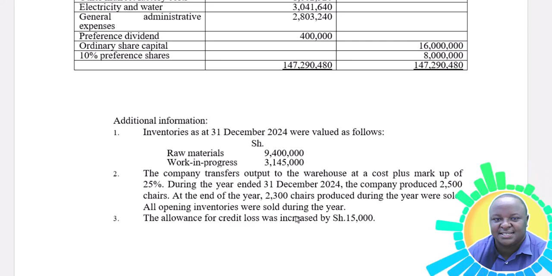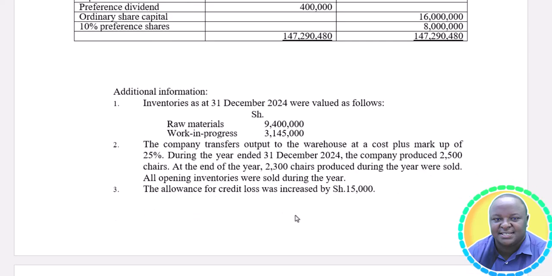And number 2, we are being told the company transfers output to a warehouse at a cost plus markup of 25%. During the year ended 31st December 2024, the company produced 2,500 units. At the end of the year, 2,300 units produced during the year were sold. All opening inventories were sold during the year.